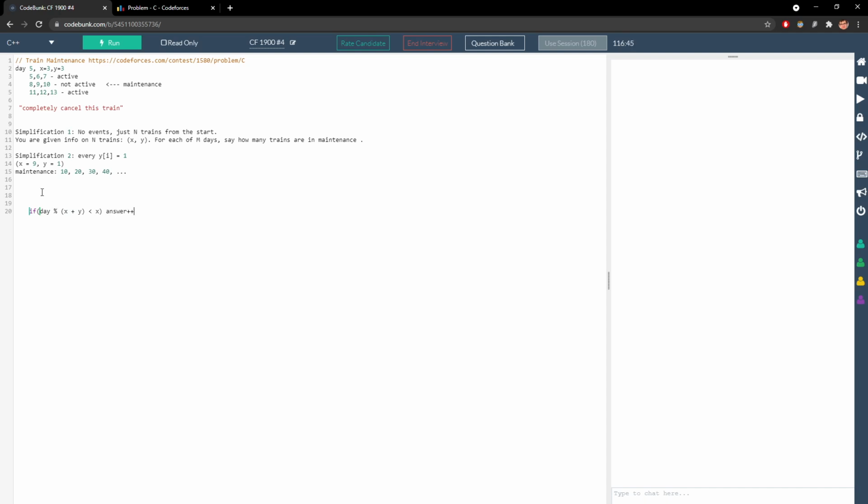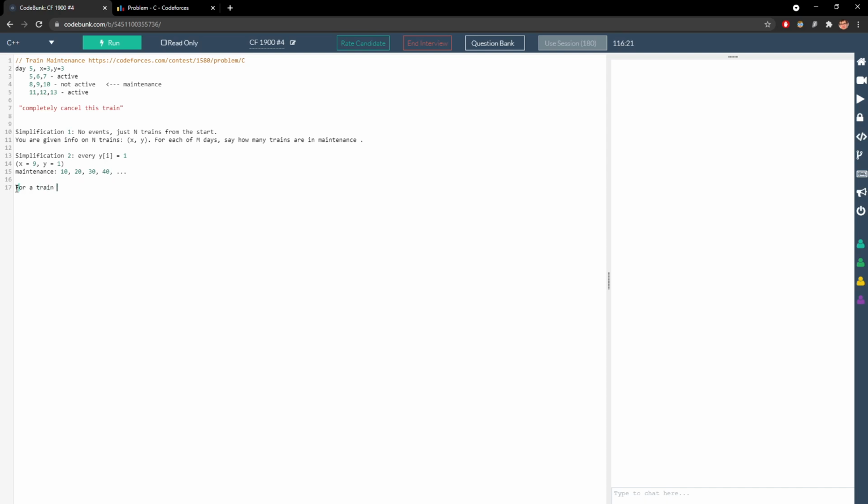I mean, if y is always equal to 1, I can keep a map that tells me for a given length of the whole cycle of a train, how many trains there are with that length. And on a given day, no, again, I have to look through that. Doesn't work.